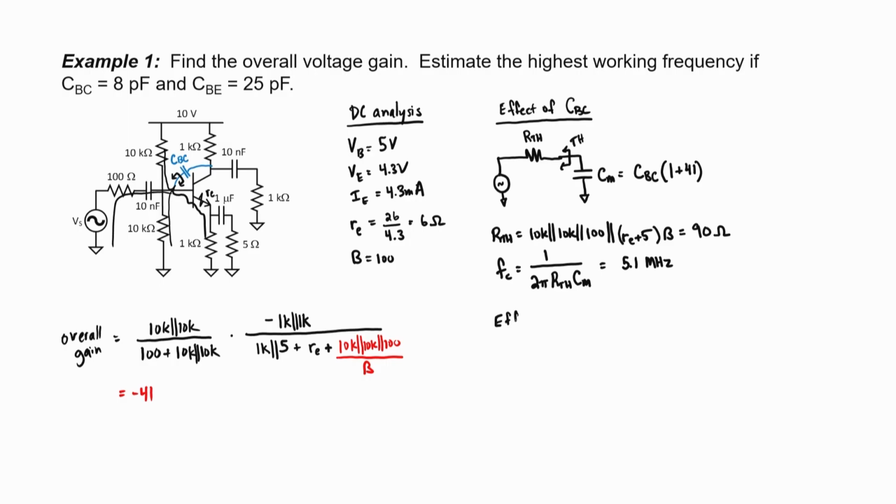Before I go on to the next example, though, I want to point out what the effect of the other capacitance is. What does the base emitter parasitic capacitance do to the circuit? Let's clean up our drawing just a little bit, and we'll now consider this capacitance. We are again going to have a Miller capacitance, and that Miller capacitance is going to be given by CBE times 1 minus our gain.